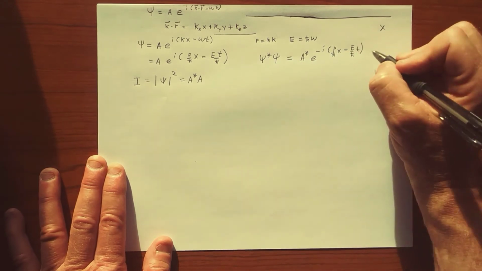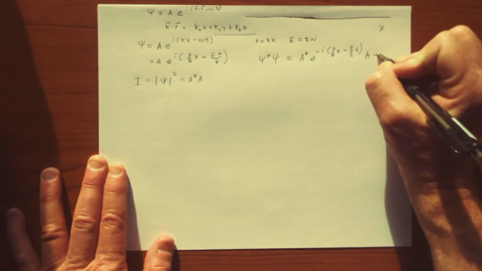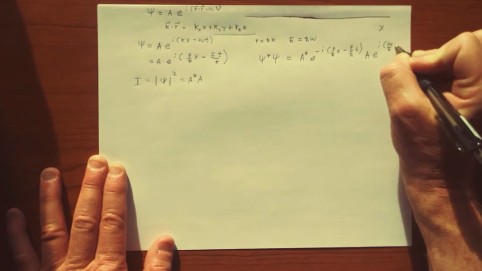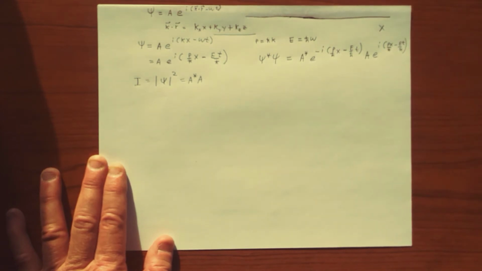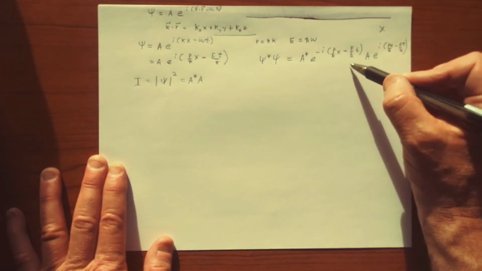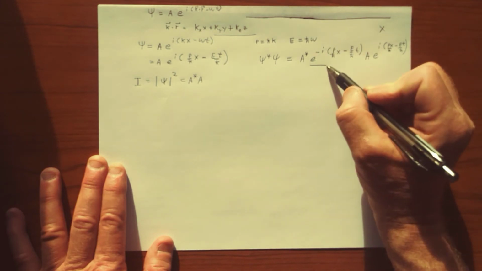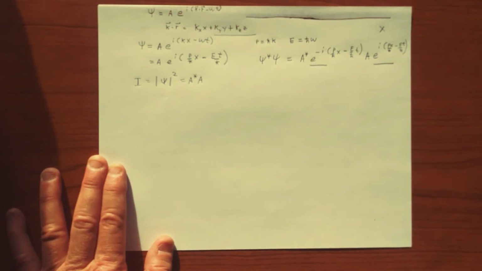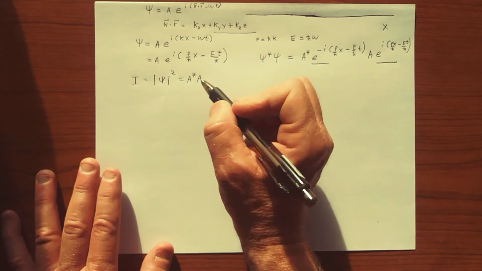And when we do that times psi, which is just A e to the i, right, so that looks like that. And of course, this part times this part ends up being 1, and we just have A star A. And so the intensity, or the probability density, is A star A.